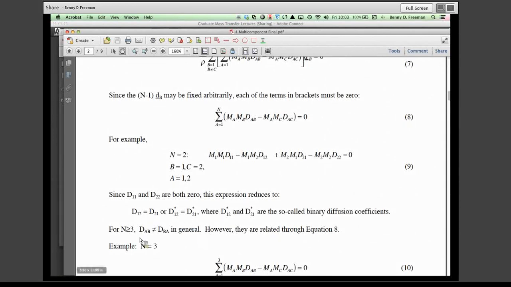Now, once you go beyond two components, that is to 3 or more components, these generalized diffusion coefficients, DAB is not equal to DBA in general. This poses a problem in modeling mass transport phenomena in multi-component systems, in that there are many additional coefficients that enter the basic mass flux expressions, and you'll find that a lot of the work in the literature is based upon binary or pseudo-binary approximations for this reason.